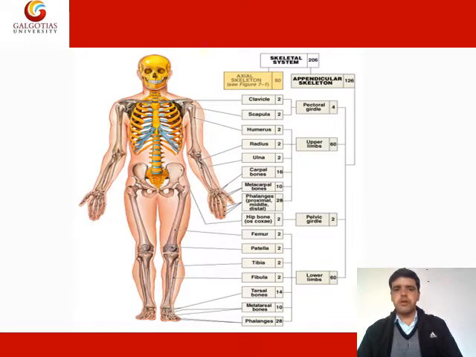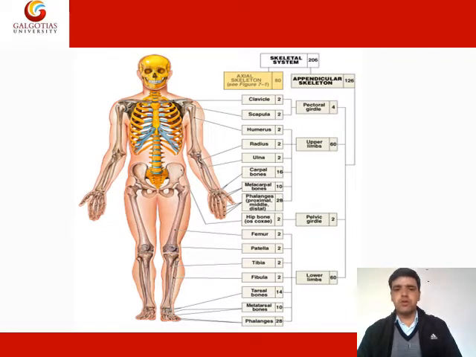This is the diagrammatic representation of which part of our body is the appendicular skeleton. In other words, these are the extremities, with the associated girdles or supporting portions where the hands and legs get attached to our main body.